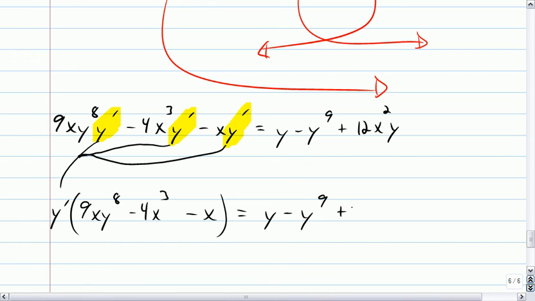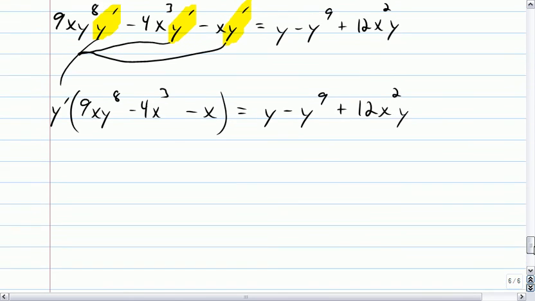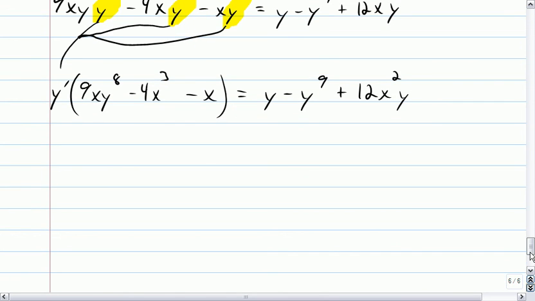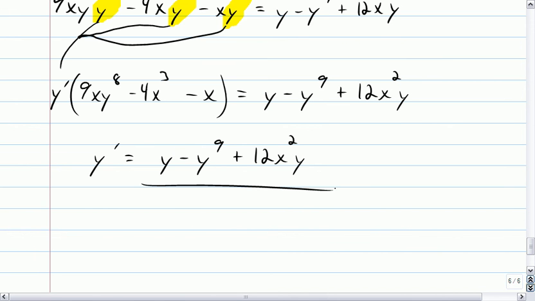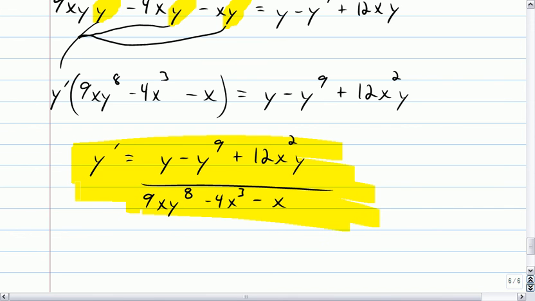Okay, last step. Divide. Y prime equals that mess divided by that. So there you go. That's the third problem. Implicit differentiation.